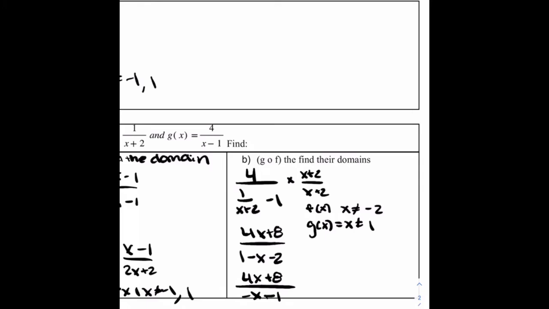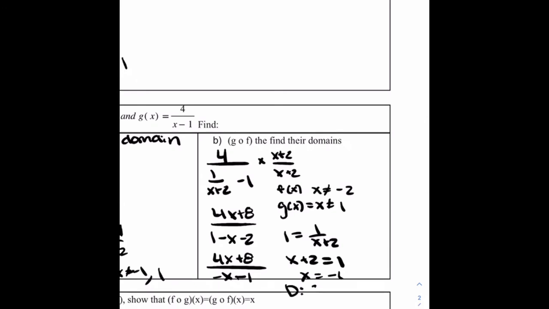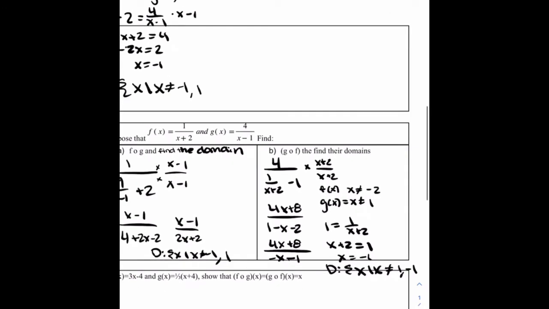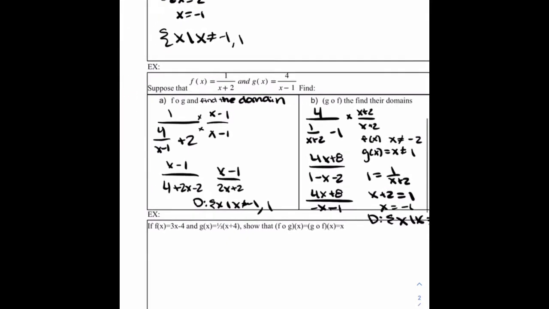So I'm going to set f of x equal to 1. So 1 equals 1 over x plus 2. And then times x plus 2 on both sides. I get x plus 2 equals 1. And then x equals negative 1. So my domain here is x such that x cannot equal 1 or negative 1. This won't always be the same, where the domain of the reverse is the same. So you always want to check.